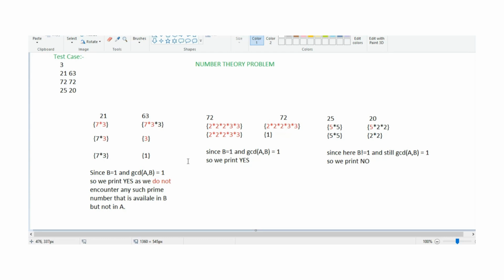We need to check whether all the factors present in the number b are dividing the number a or not. Here 7 into 3 is dividing it, because it is a common part. So there is no need to carry these numbers forward in future calculation. What we can do is remove this from b, because they are already dividing the number.